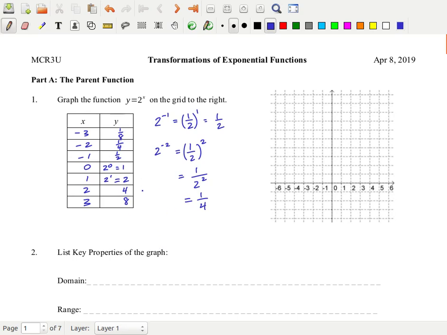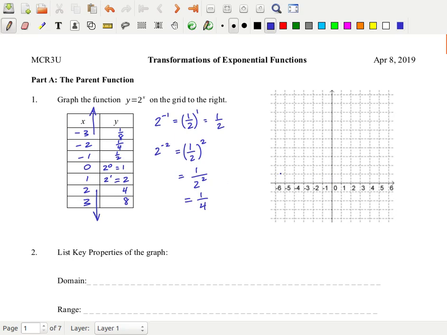Now trying to graph these, this is one of the things you'll notice when you're graphing exponential functions, that as you get to more and more negative values of x, or as you get into greater values of x, the scale starts to become a real problem. On the lower end, you start to get these increasingly small fractions.